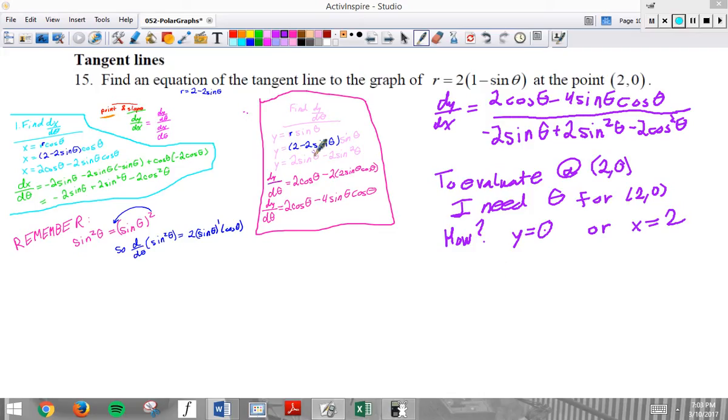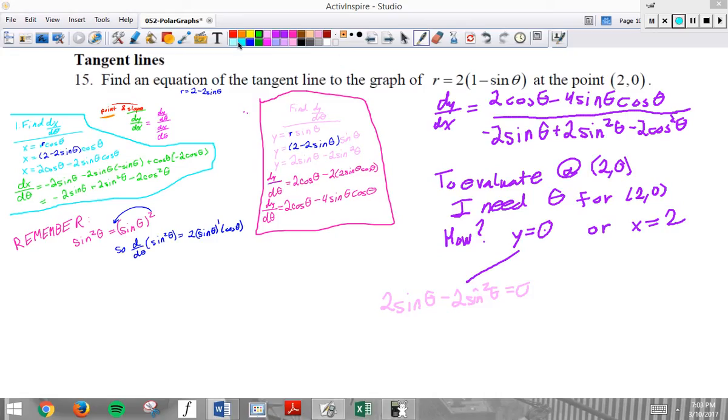y was what? So this would be 2 sine theta minus 2 sine squared theta equals 0.